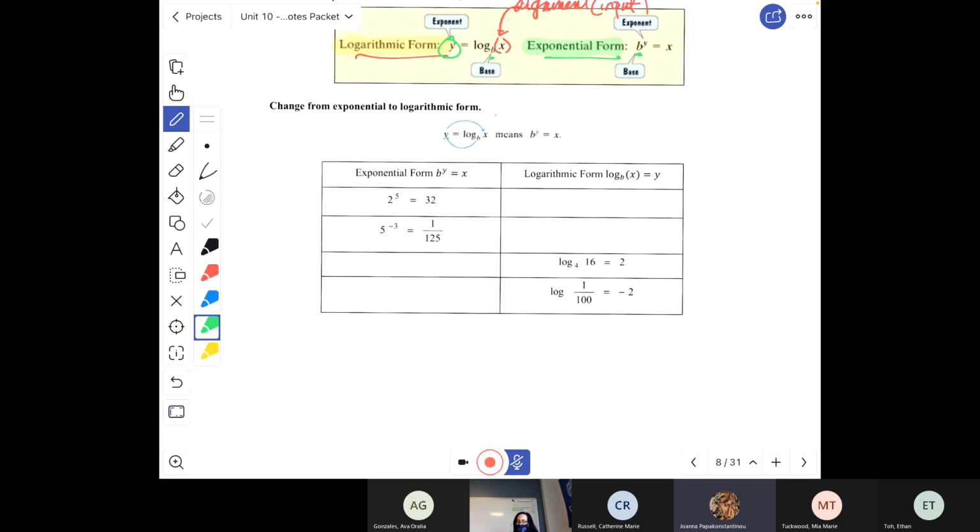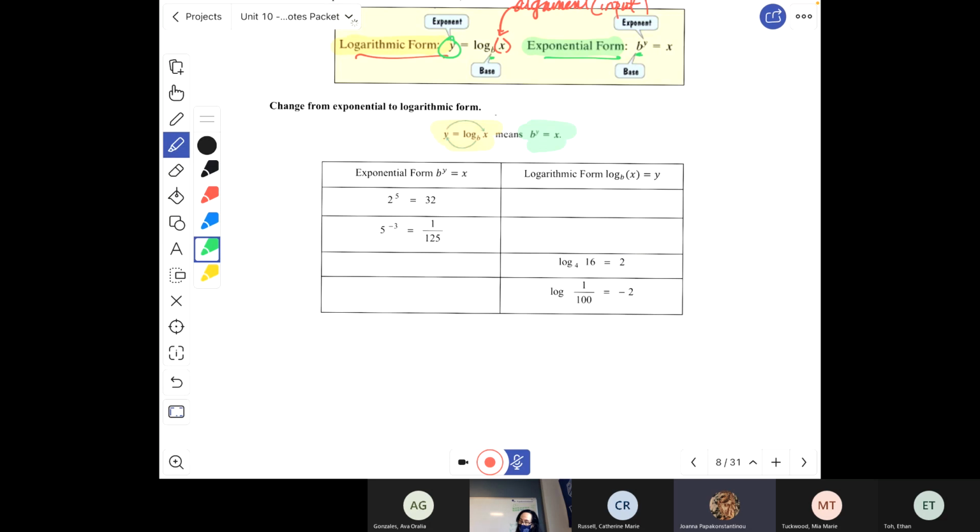So again, in this first form, this is logarithmic form, I have y, which is my power, my output, equals log base b of x. In exponential form, that would be b to the y equals x. Now, some people feel more comfortable with one form going to the other, but we should be able to go back and forth.